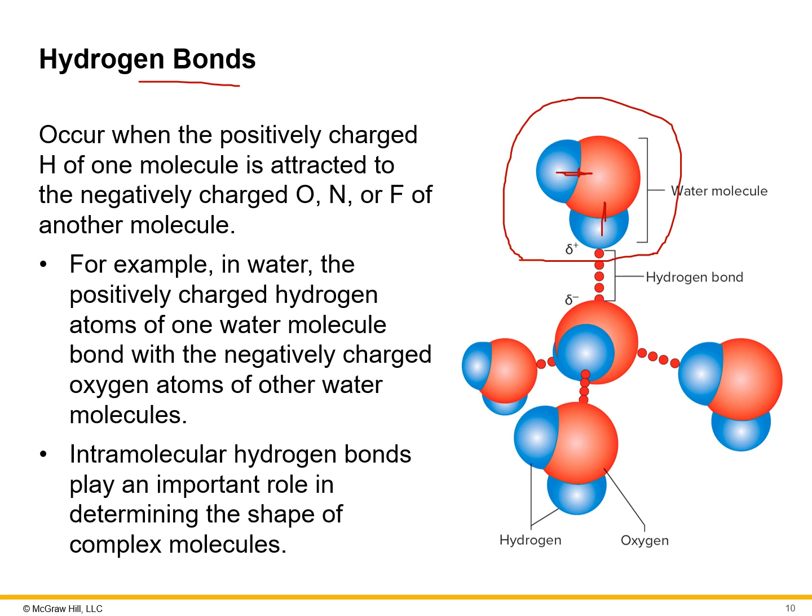Again, they're sharing electrons, but the electrons hang out more toward the oxygen. So that's going to give our hydrogens a slight positive charge, and it gives the oxygens a slight negative charge. Again, they're still sharing them, so it's not a complete transfer, but it makes them have these poles, a positive and negative pole.